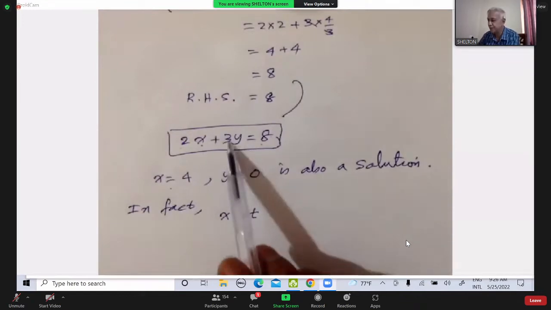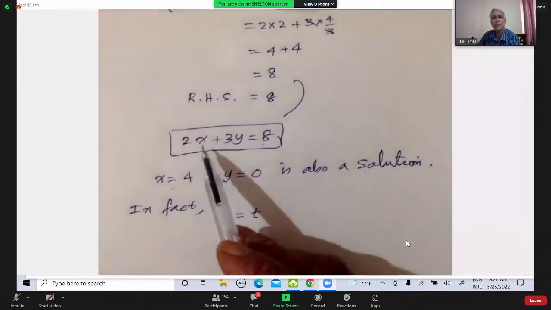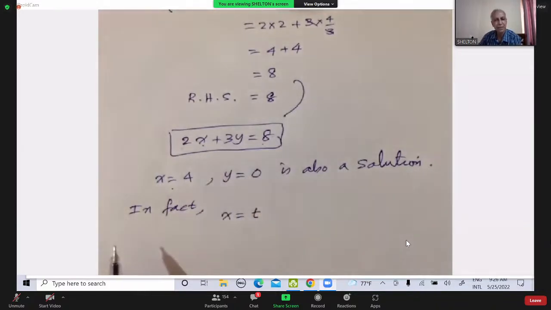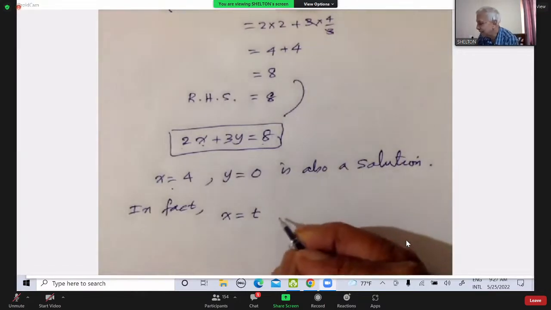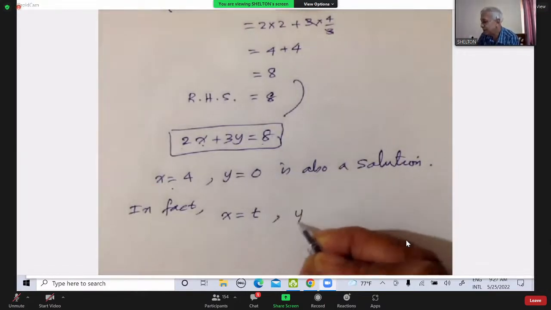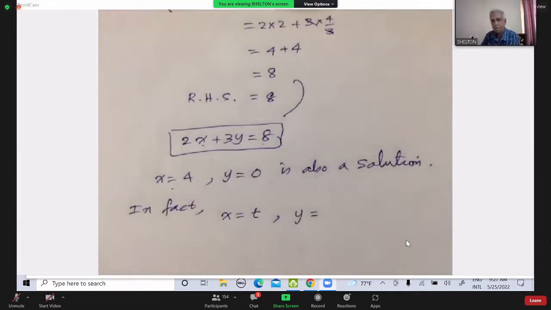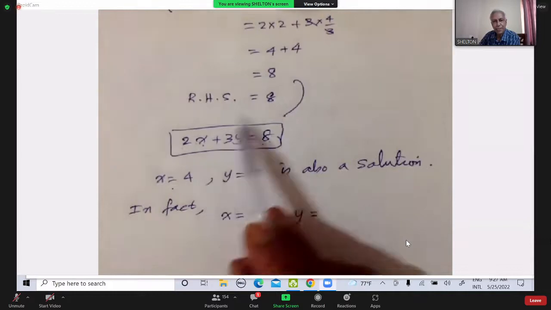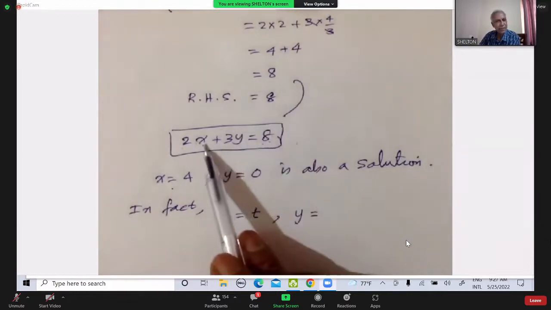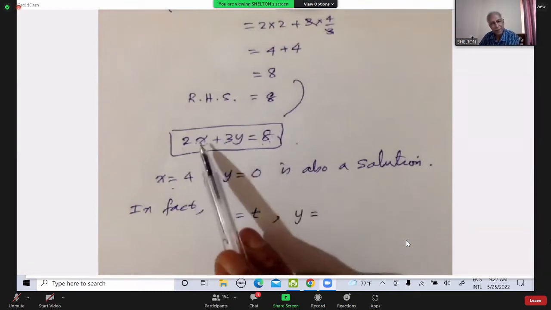So in other words, what we are saying is you can put anything for x. There is a y. In fact, x equals t, if x is equal to t, what is y?